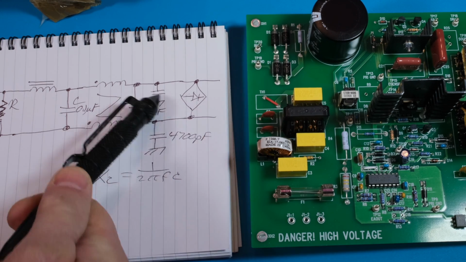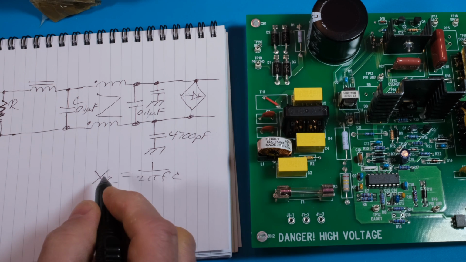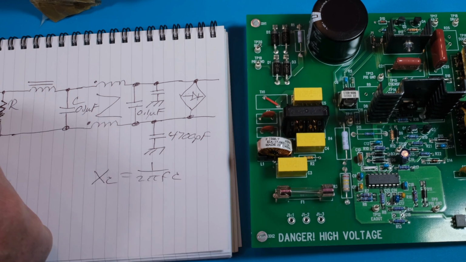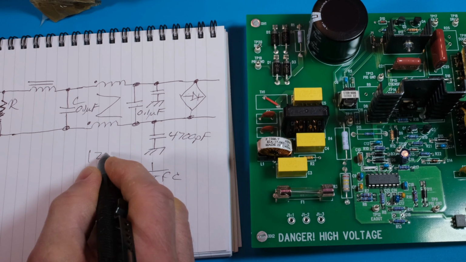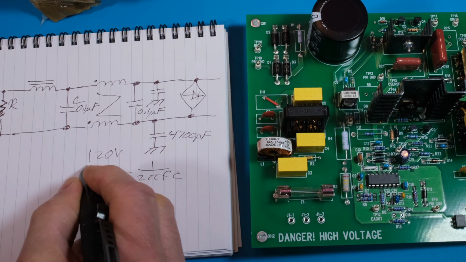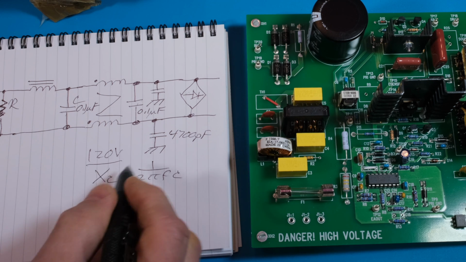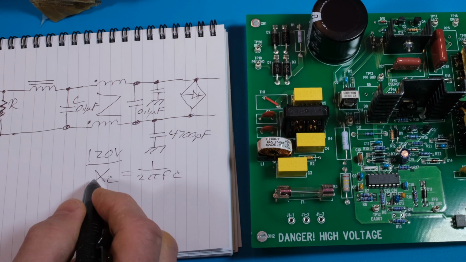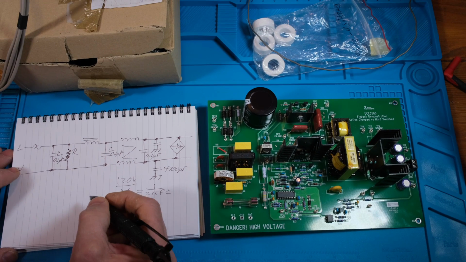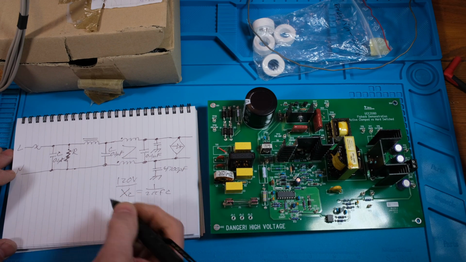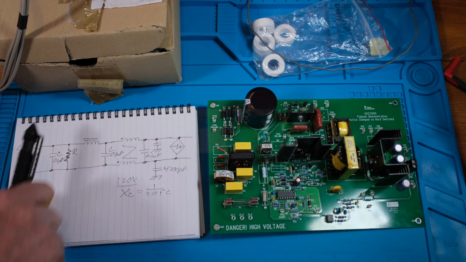When you add two of the 4700 picofarads together and you come up with this X of C, and you put, say, 120 volts coming in, 120 volts divided by your X of C, that's your current, right? That's leakage current. It will give you less than half a milliamp of leakage current. So that's why that's a common value.